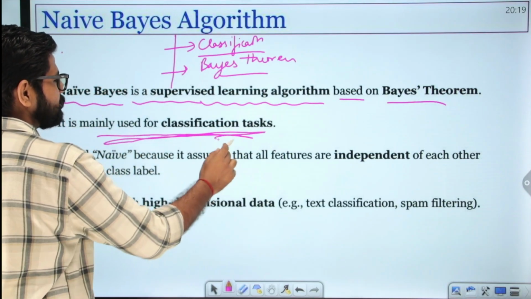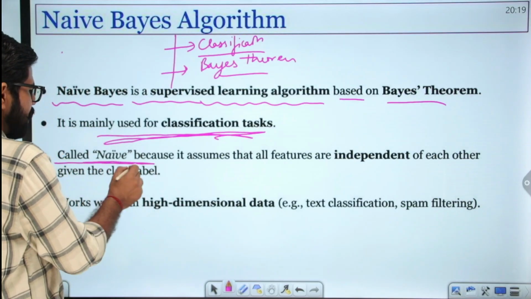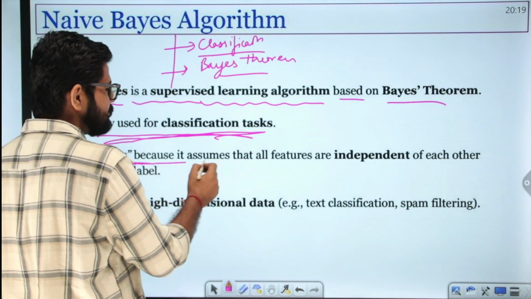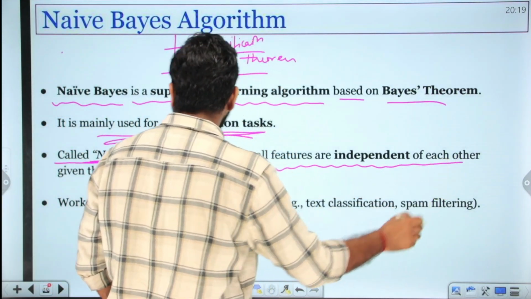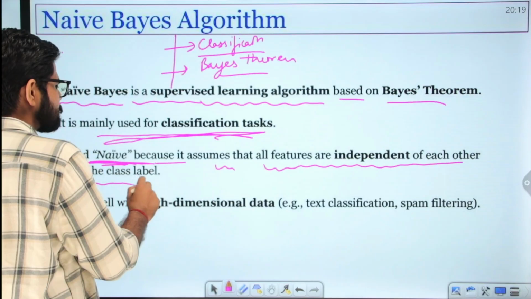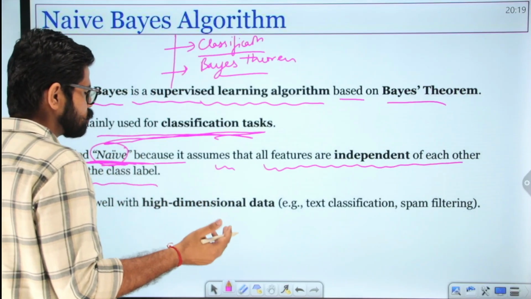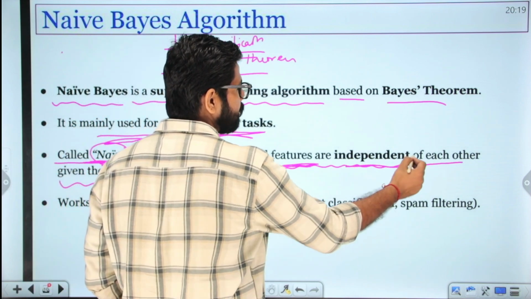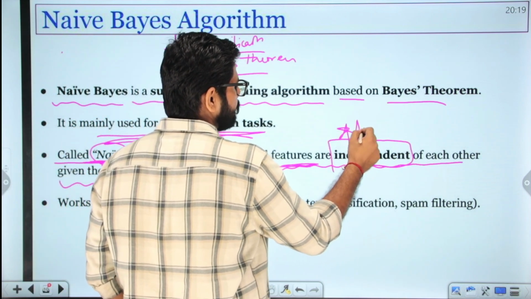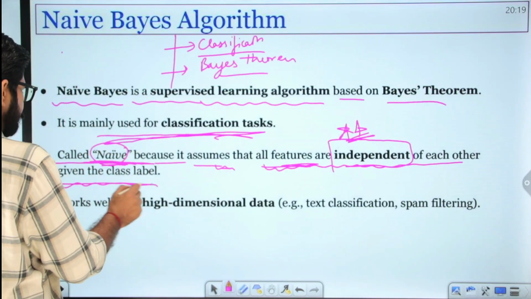Whenever you are provided some classification task, then it is used. It is called naive because it assumes that all the features are independent of each other given the class label. Naive basically means a strong assumption, so it provides a strong assumption that all features are independent. Keep that in mind: all features are independent of each other given the class labels.